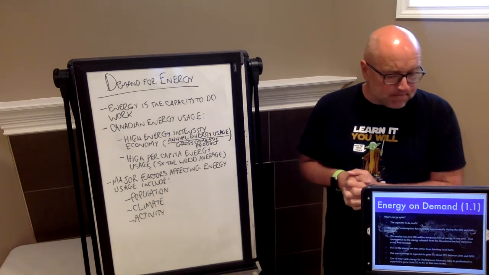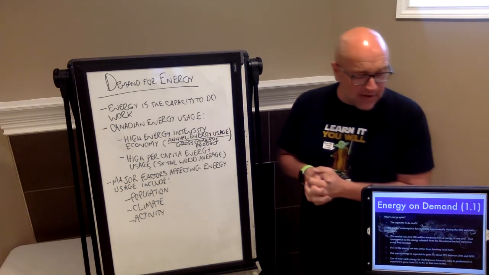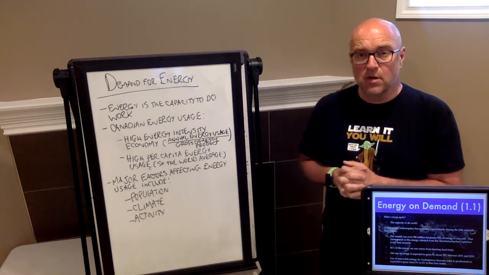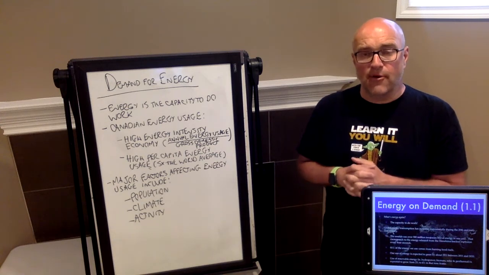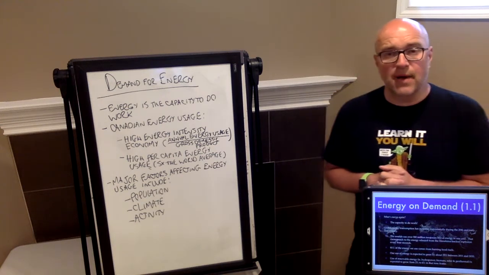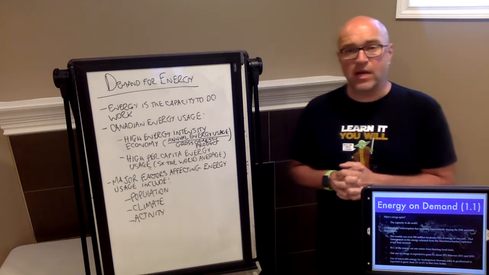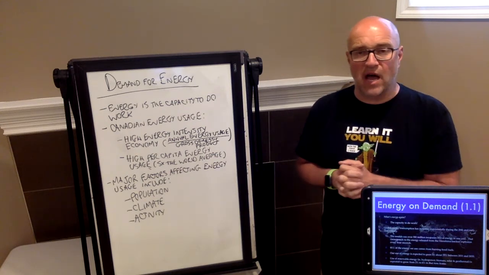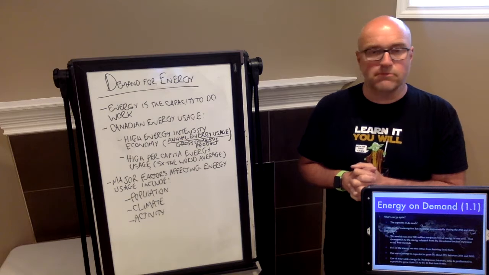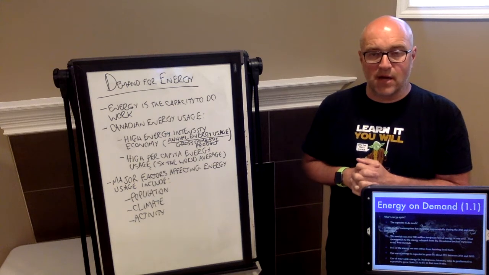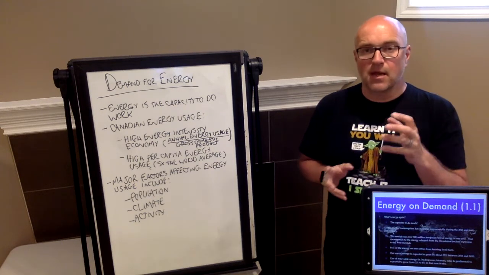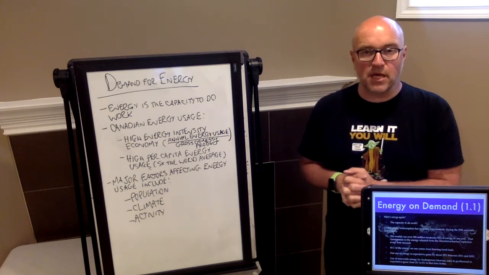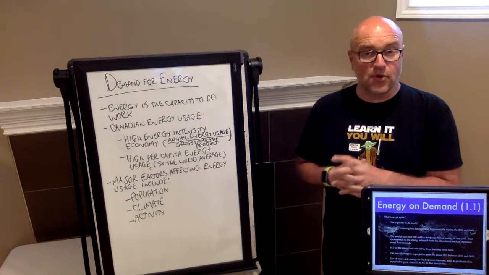Our use of energy is expected to grow at current rates about 35% by 2035. So between about 2010 and 2035, they're expecting it to go up by about a third. Again, that's a substantial increase. How much more can we actually increase this until we hit a tipping point?